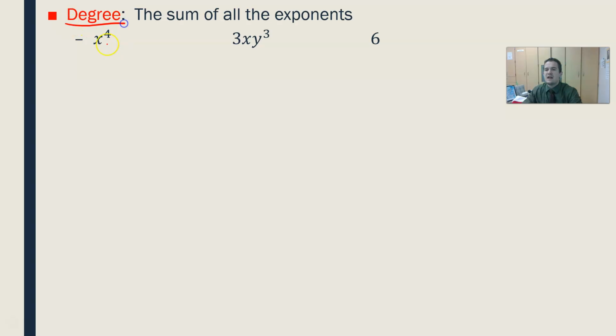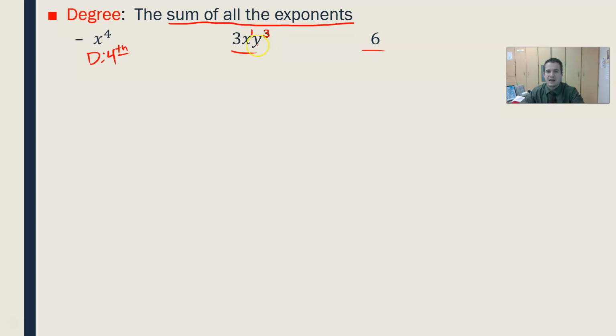So the degree of a monomial is the sum of all the exponents in that monomial. For example, x to the 4th has an exponent of 4, so the degree would be 4. This would be a 4th degree monomial because it has an exponent of 4. Here, 3xy to the 3rd, x has an exponent of 1, y has an exponent of 3.